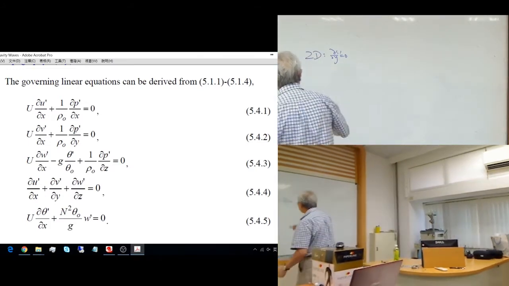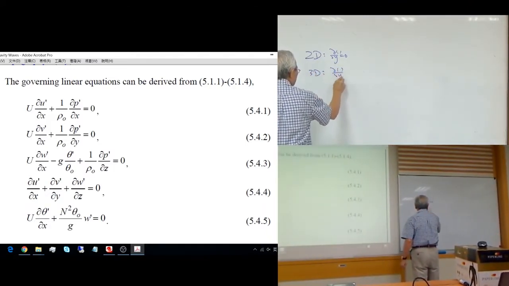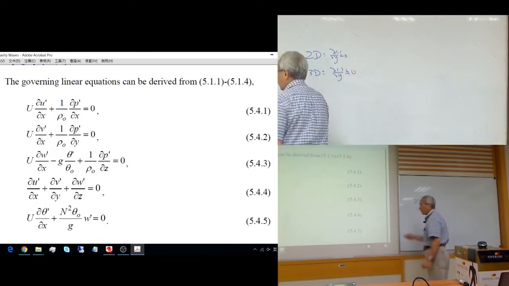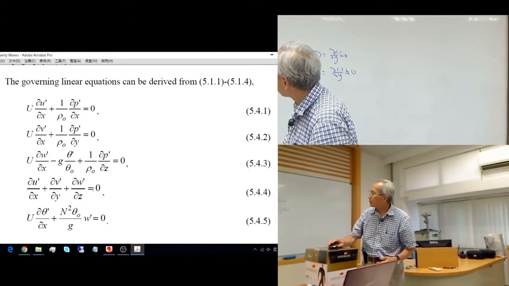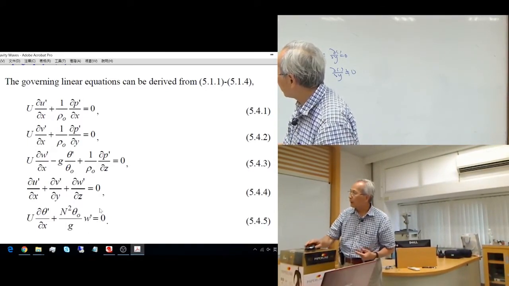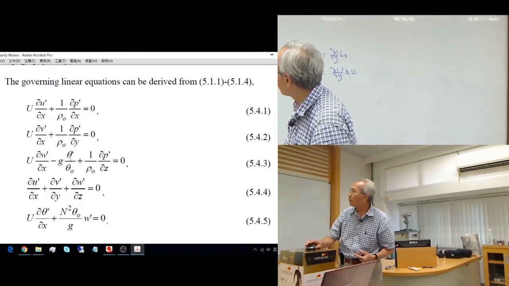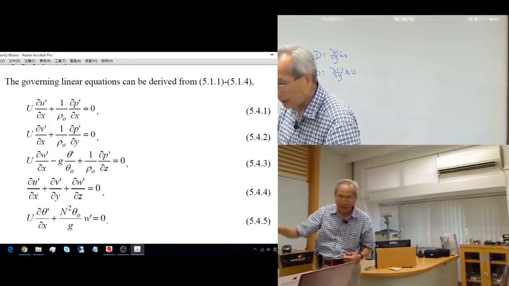For 3D, partial y is not equal to 0, so you have to include those terms. And here, same as before. The only complication is we add these two terms of partial y. Of course, this is linear flow.